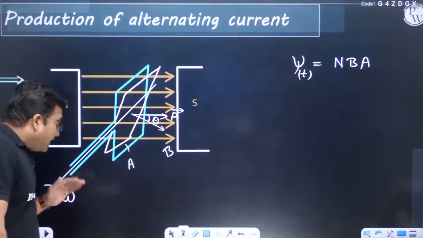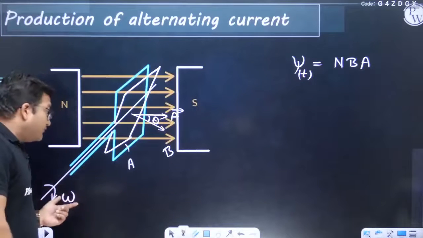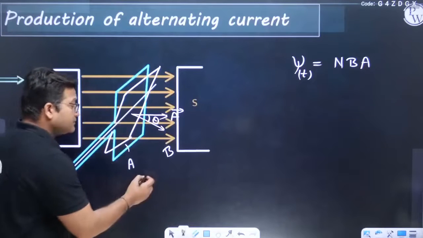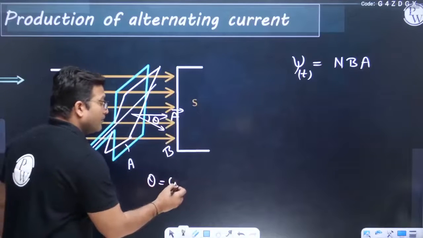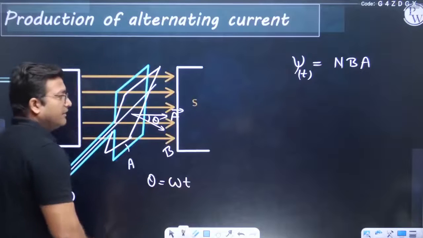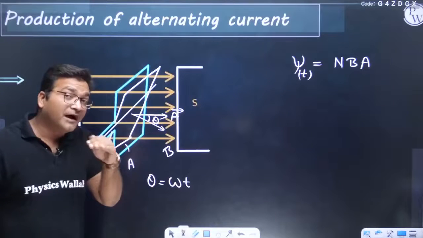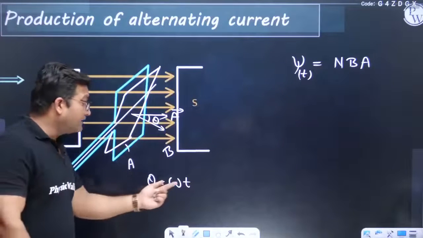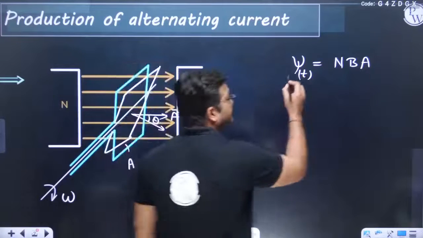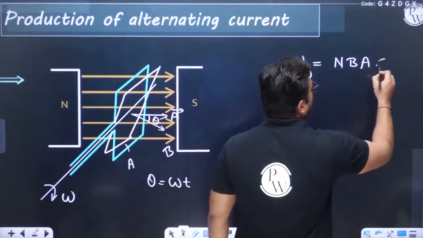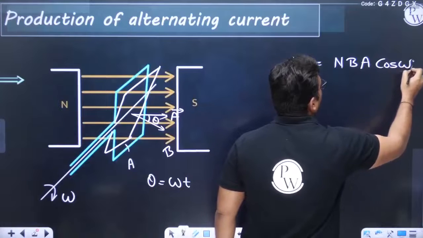As the angular velocity omega is constant, theta must be equal to omega times t. So if the angle between the magnetic field and the area vector is omega t, the flux will be written as N B A cos omega t.